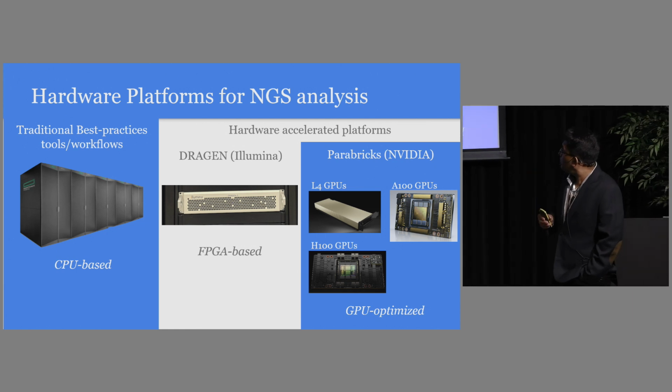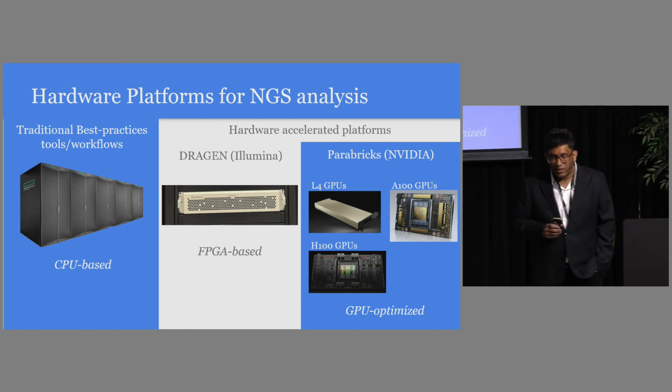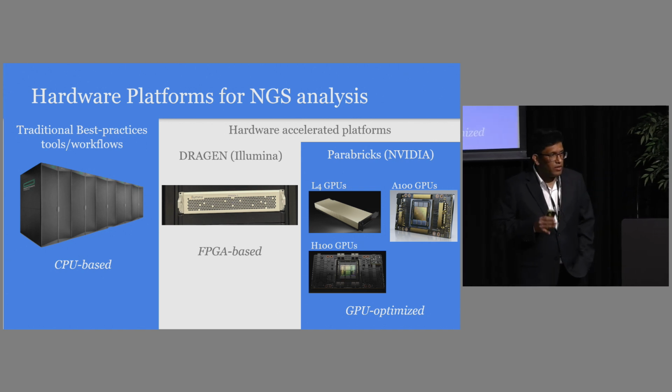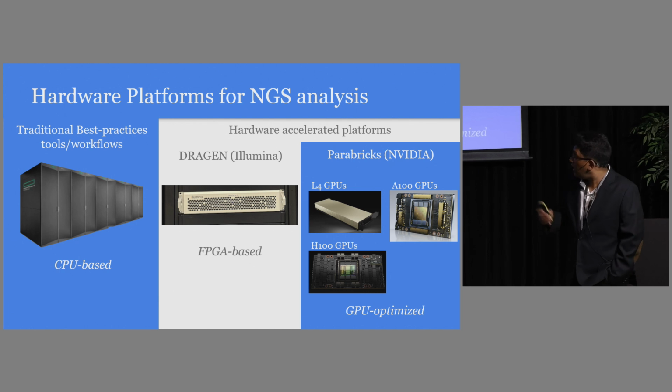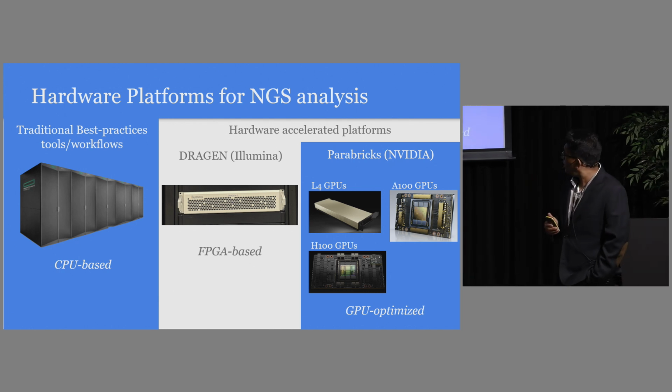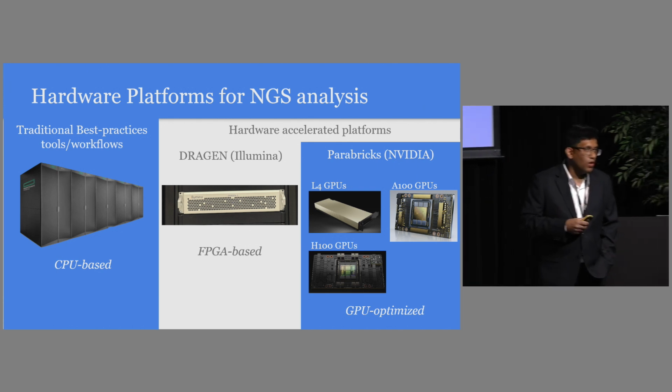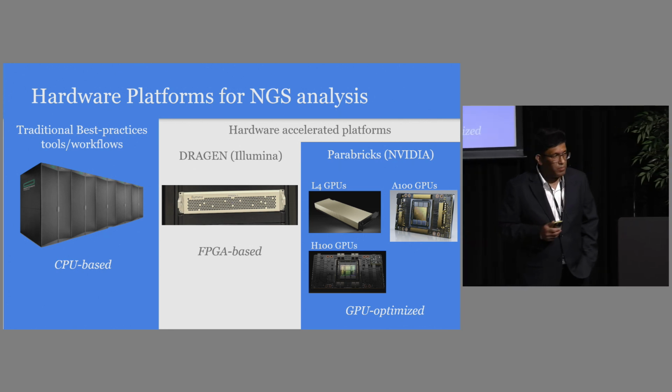Since Parabricks is the application layer, we can use it to run an analysis on different GPU platforms. For example, L4, A100, and H100 are three different GPU platforms with different complexities and performances. Parabricks allows us to run NGS on all these different GPU platforms.